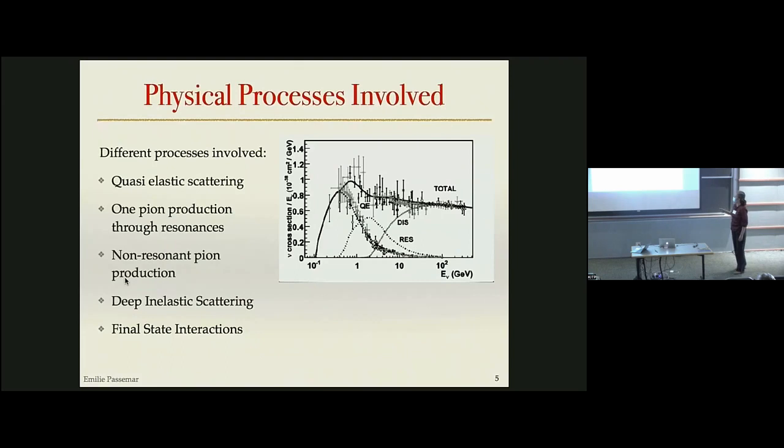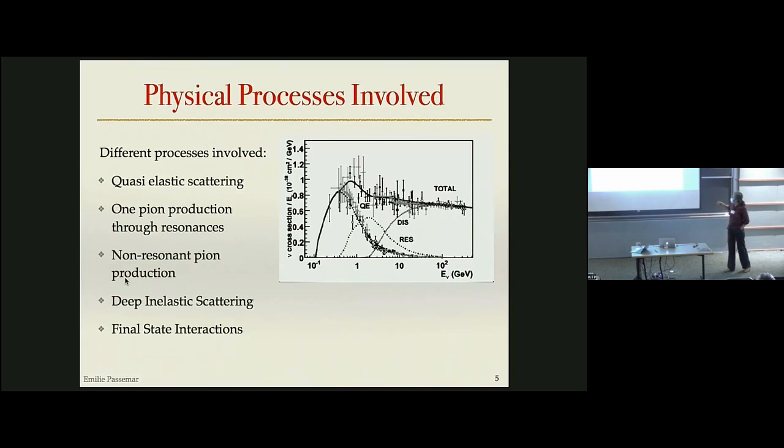As you can see on this famous plot, you have different processes involved depending on the energy of the neutrino, right? For the cross-section, at low energy, the cross-section is basically dominated by what we call quasi-elastic processes. So a neutrino interacting with one nucleon and giving you a charged lepton plus a proton and neutron.